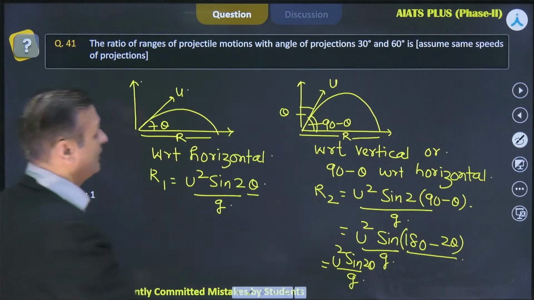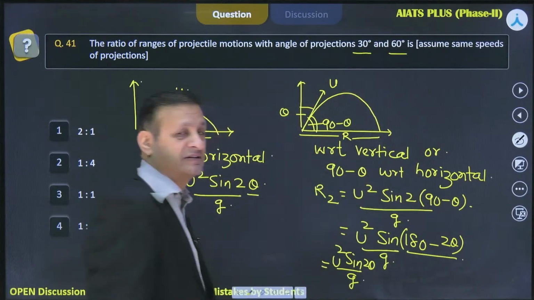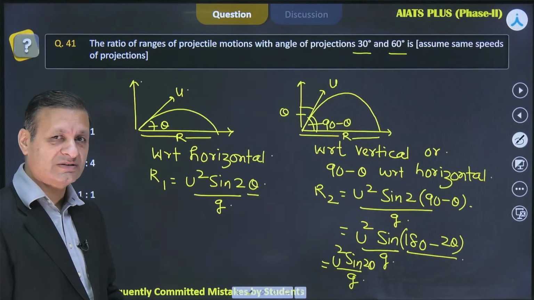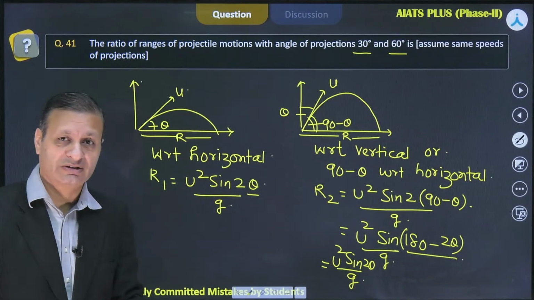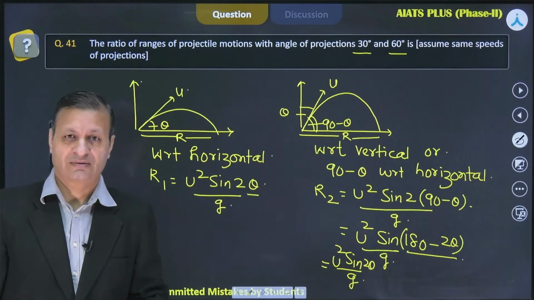So here we have angles of projection as 30 and 60. Are these complementary angles? Yes. So I think we have already got the answer. So one is 30, one is 60. So the ratio should be 1:1.